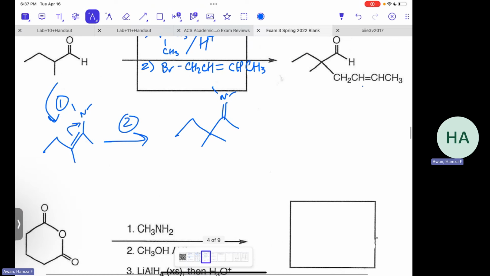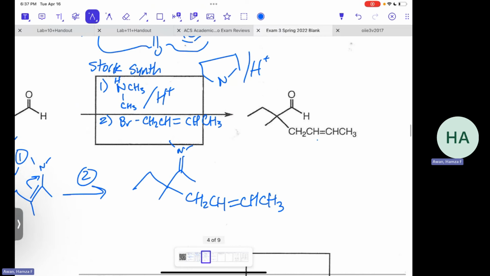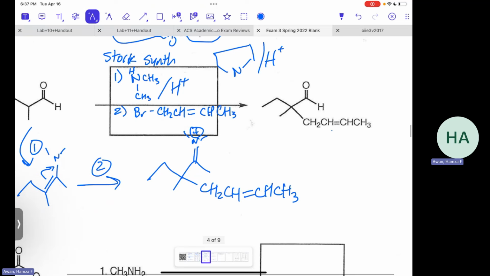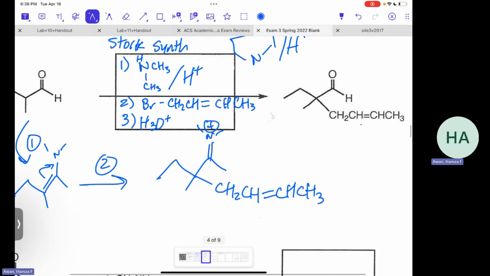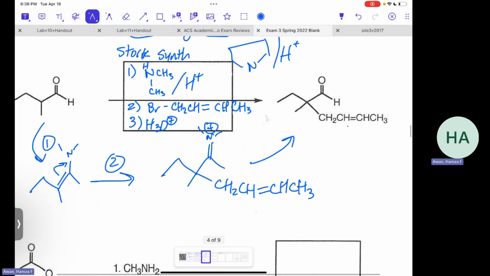And then we have our CH2CH double bond CHCH3. Now to get rid of the amine group, which has a positive charge on it, we're just going to use H3O plus. So our third step is just H3O plus, and that gives us our aldehyde back.